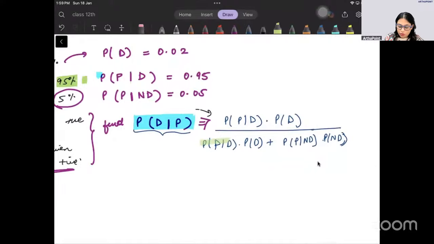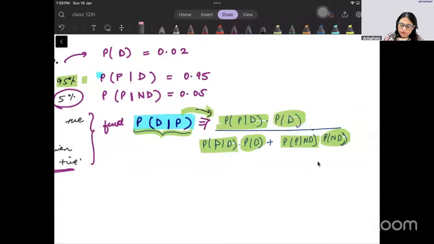It will include positive given disease into disease and positive given no disease into no disease. The denominator will have both. And the numerator will always be the opposite of this. So if it is asking disease given positive, it will become positive given disease into disease.